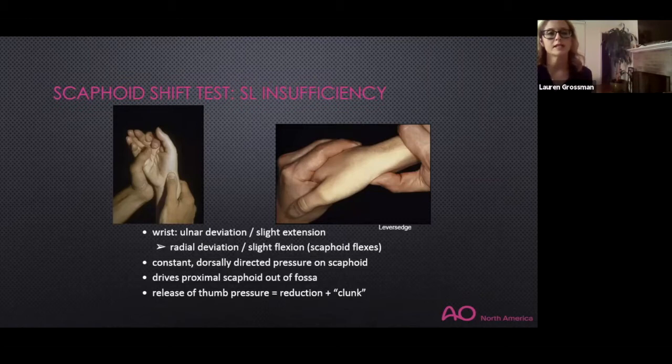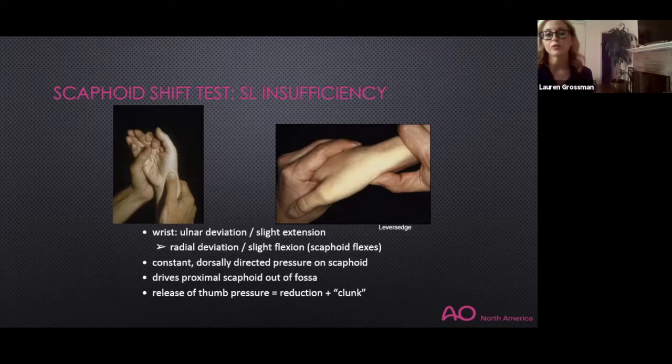In order to test that, there's something called the scaphoid shift test, otherwise known as Watson's test. You hold the patient's wrist in ulnar deviation and extension, and then you move it radially into slight flexion, keeping pressure directly on the scaphoid volarly, and you're putting dorsally directed pressure.